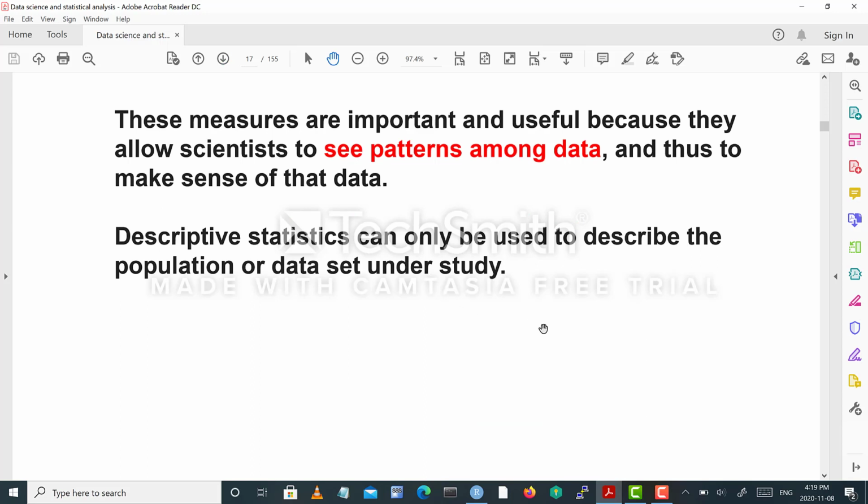These measures are important and useful because they allow scientists to see patterns among data, and thus to make sense of that data. Descriptive statistics can only be used to describe the population or dataset under study.